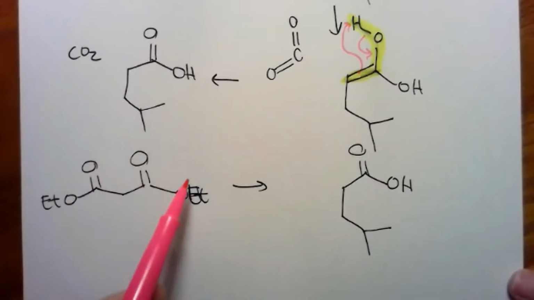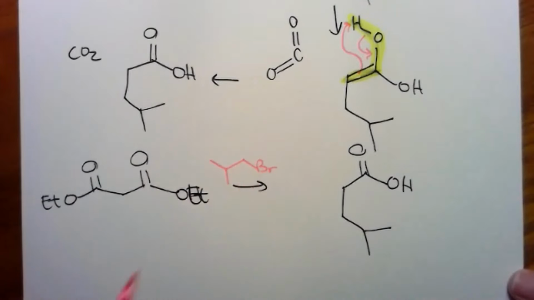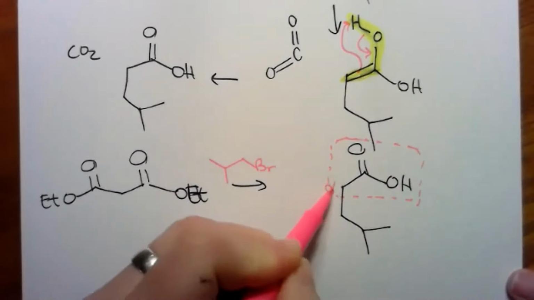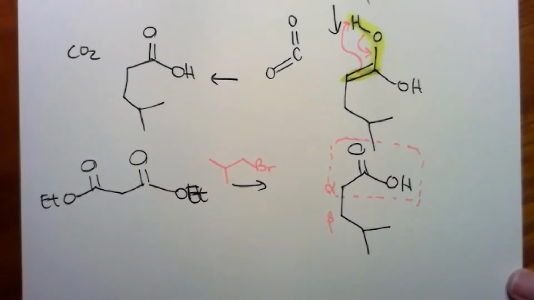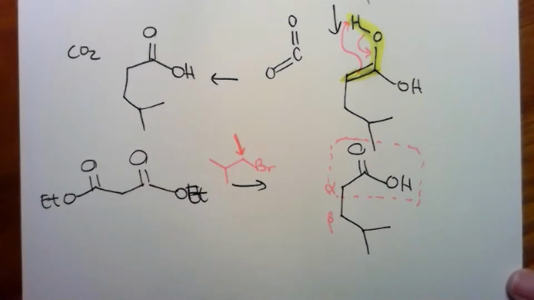So we started with this guy, added this SN2 substrate. This is not a sequence of steps. Remember, it took multiple. But we ended up with a substituted acetic acid. We made a new bond between the alpha and the beta. The beta carbon was the carbon that got SN2'd upon. The alpha carbon is the carbon that was there all along.